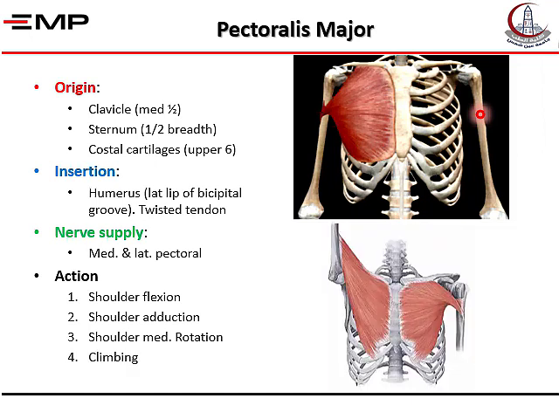The fourth action is it helps in climbing. How is that? When you fix the insertion, when the arm is raised above, it helps to pull the thorax and the trunk upwards when climbing.